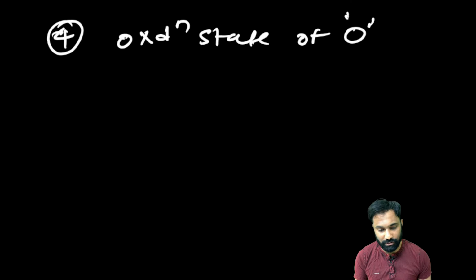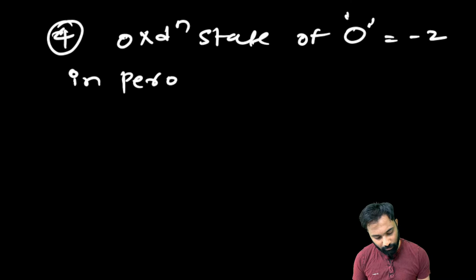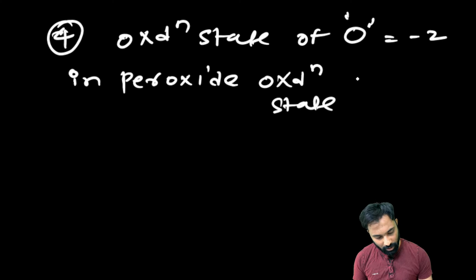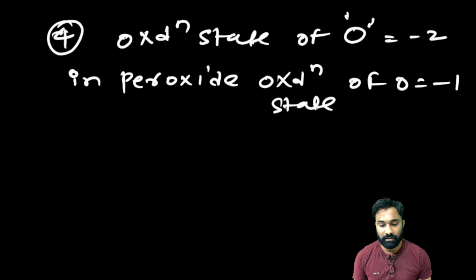Generally the oxidation state of oxygen is -2, right? In peroxide, if they have given the peroxide, the oxidation state of oxygen is -1, right?